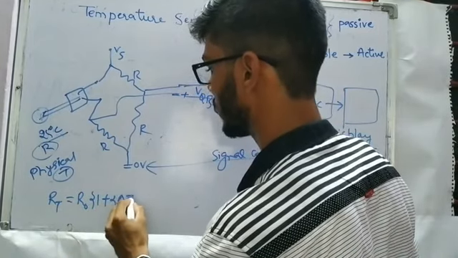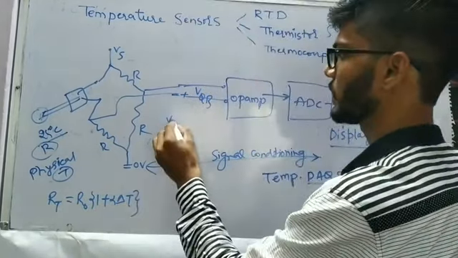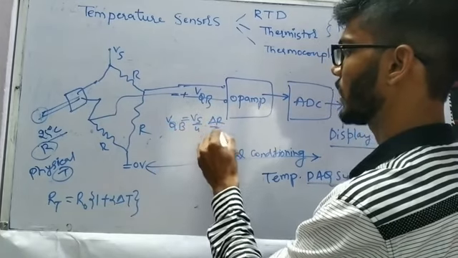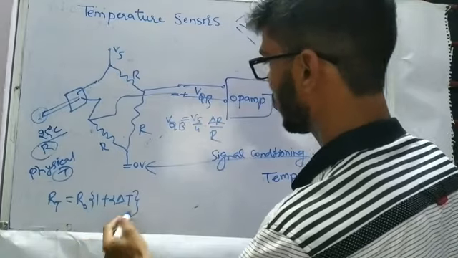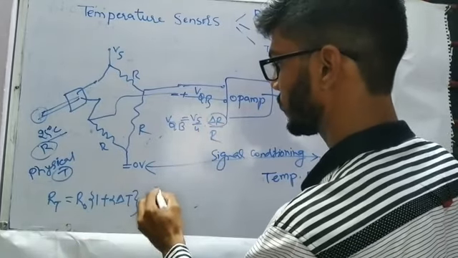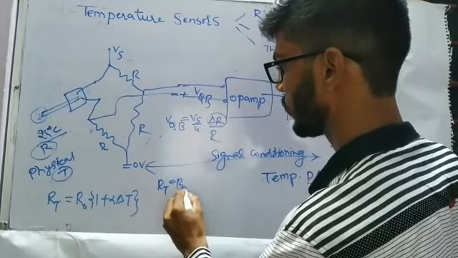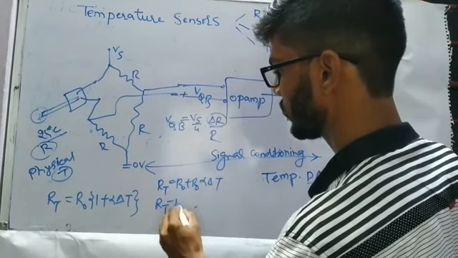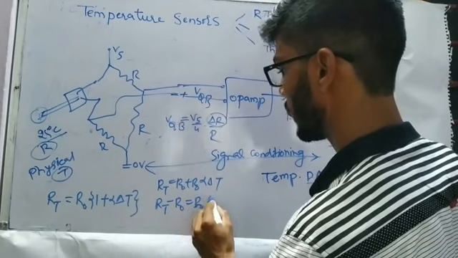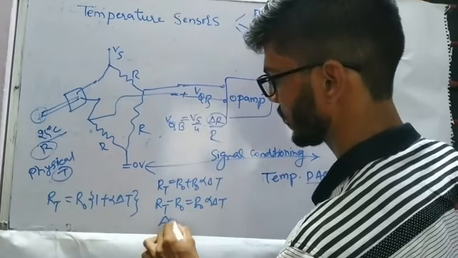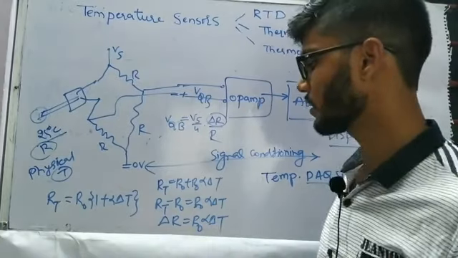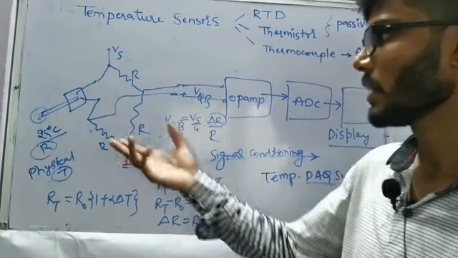data acquisition system, and the resistance of PT is going to vary as RT is equal to R naught (1 plus alpha delta T). So the quarter bridge expression output is going to come as Vs by 4 into delta R by R, and we have the value for delta R: RT is equal to R naught plus R naught alpha delta T. So RT minus R naught is going to be R naught alpha delta T. So delta R will come as R naught alpha delta T, and R naught is the resistance of platinum in the beginning condition.